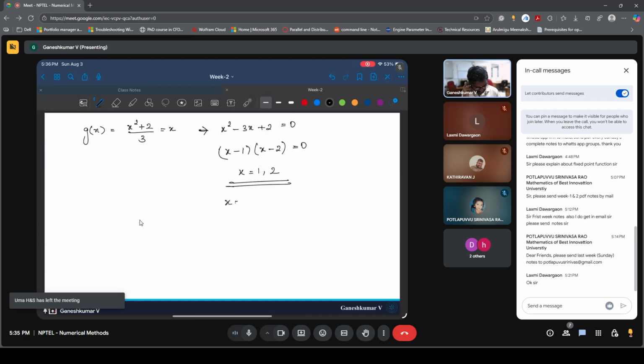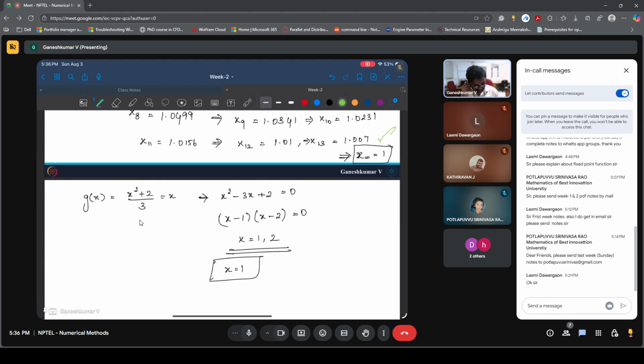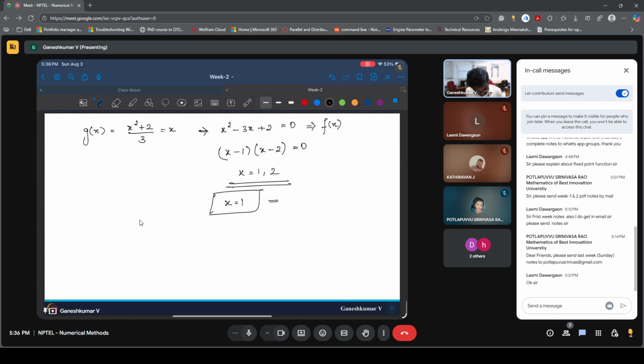So which means x is equal to 1 is one of the roots, right? So this is f of x, and this is the root of f of x. And what I said before, the root of f of x will be equal to the fixed point of g of x.